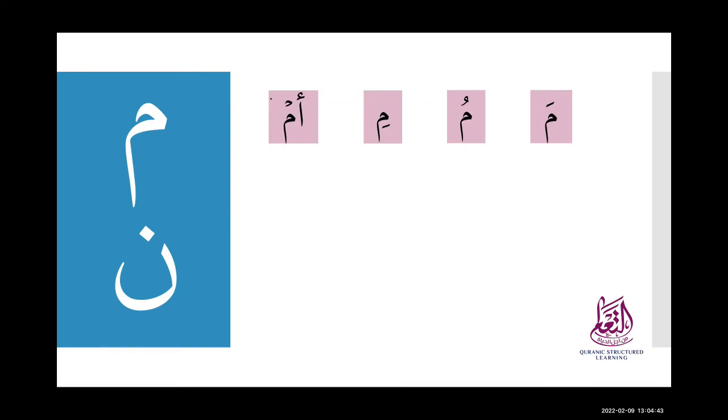Now let's compare that to the Noon. The correct makhraj of the Noon is the tip of the tongue, so we're back to tip of the tongue letters again. The tip of the tongue touches behind the upper two incisors, where the gums meet the upper teeth, the roots of the teeth.